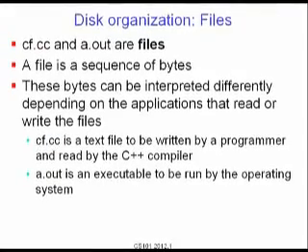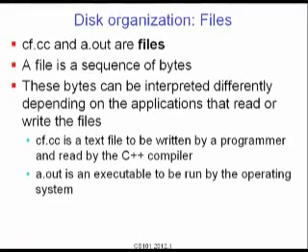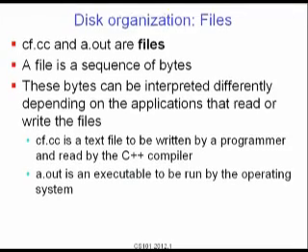So how are files organized on disk? This is an even more complicated story than just coding small conversion programs. A file is just a sequence of bytes, and just like beauty is in the eye of the beholder, different files are interpreted differently depending on who is reading and writing them. For example, cf.cc is a text file.